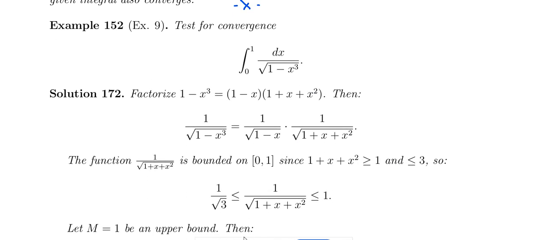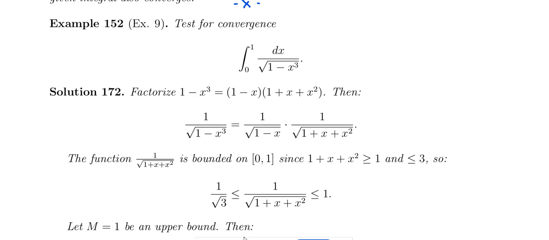That is the test for convergence of the integral from 0 to 1 of dx by root of 1 minus x cube. So 1 minus x cube, by the a cube minus b cube formula, gives this. The problem is that this portion is bounded, so there is no problem in it. It is greater than or equal to 1 and less than or equal to 3, so 1 by root 3 is less than or equal to something less than or equal to 1, we can put. Because it is bounded, x lies between 0 and 1, so 1 plus 1 plus 1 is equivalent to 3, that is less than or equal to 3.